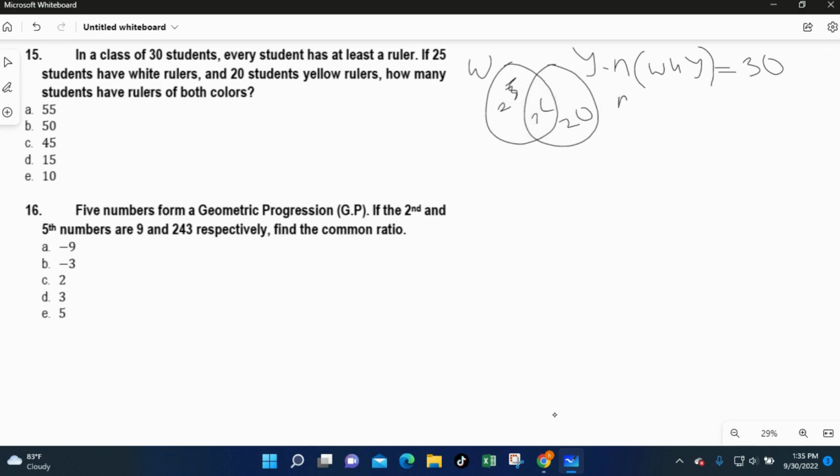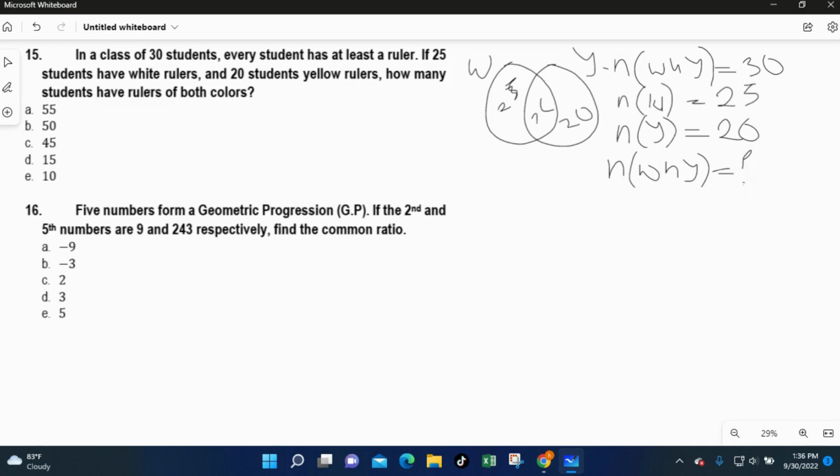The number of students with white ruler is 25, and the number of students with yellow ruler is 20. The question says we should find the intersection of those two sets, W intersection Y, which is what we are looking for.